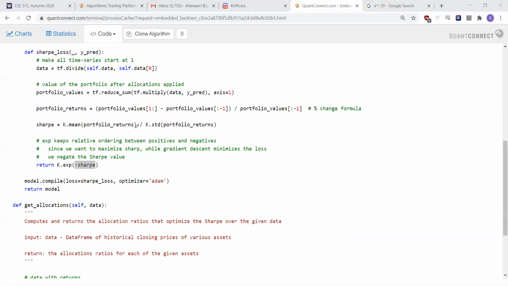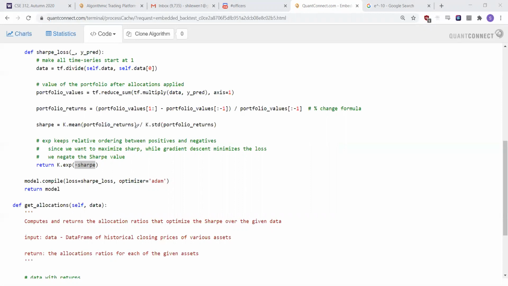This is an exponential function, right? And you notice something. All the values are positive, but the values from negative inputs are smaller than the values from positive inputs. So it allows us to have all the values be positive, but the original negative values are still smaller than the original positive values when they're exponentiated.